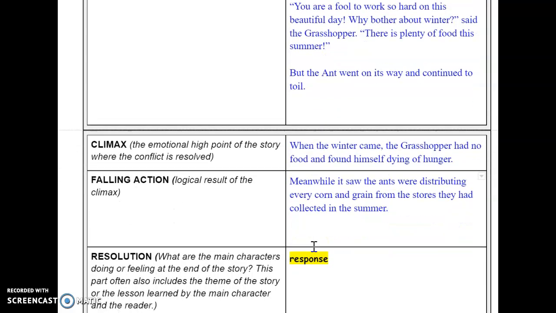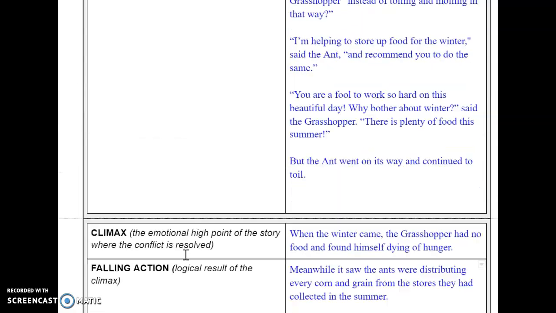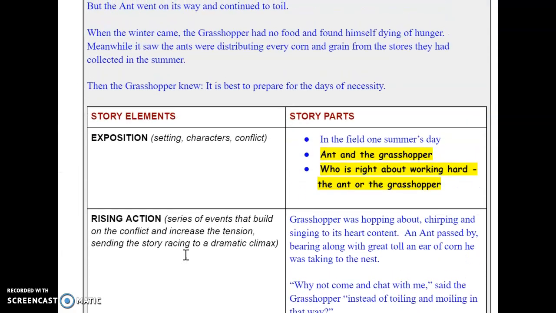And the resolution, in this case, it says, what are the main characters doing or feeling? This part of the story also includes the theme of the story or the lesson learned by the main character and the reader. And Aesop's fables always are super clear about what the theme is. And so it was: then the grasshopper knew.